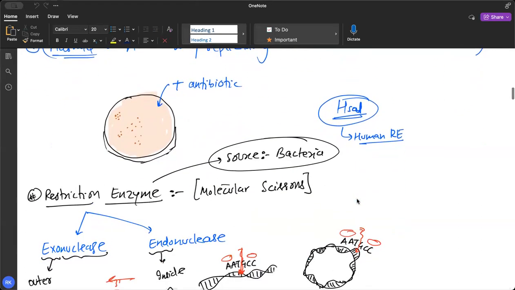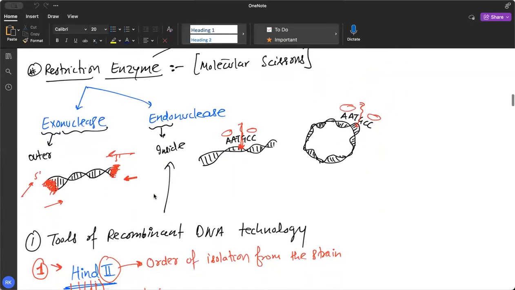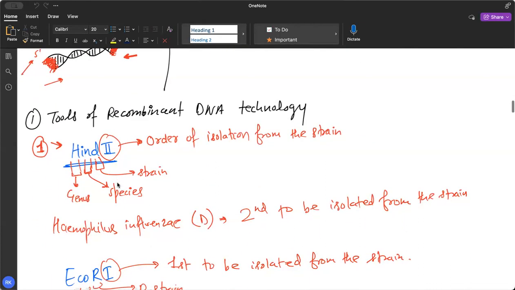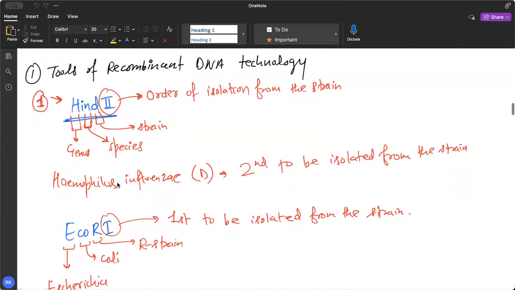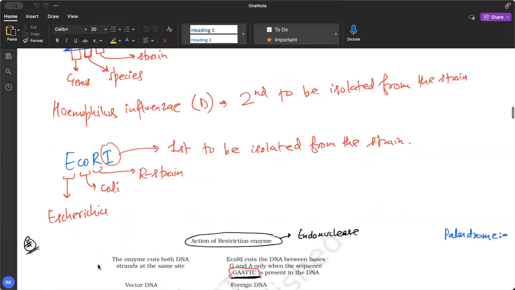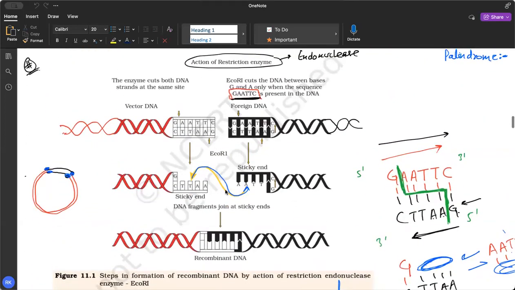Okay, then we talked about restriction enzymes in detail. As I told you, exonuclease and endonuclease are called molecular scissors, and how they function, etc. And then we came to tools, which is again, these restriction enzymes are tools. We talked about how they are named, and their action, how they leave sticky ends.